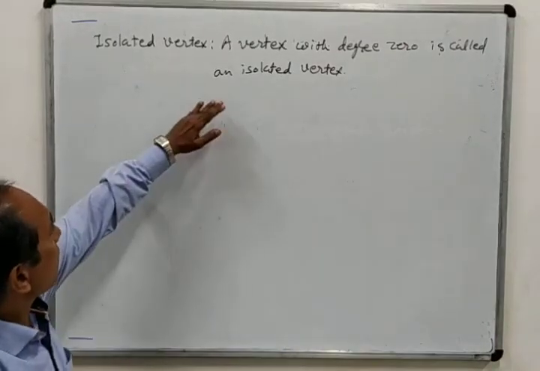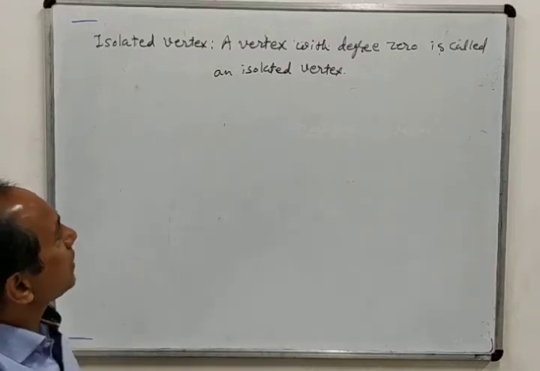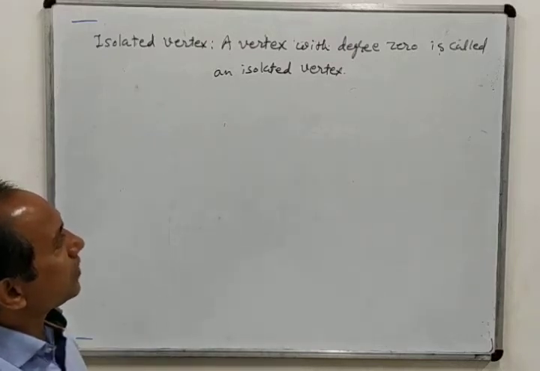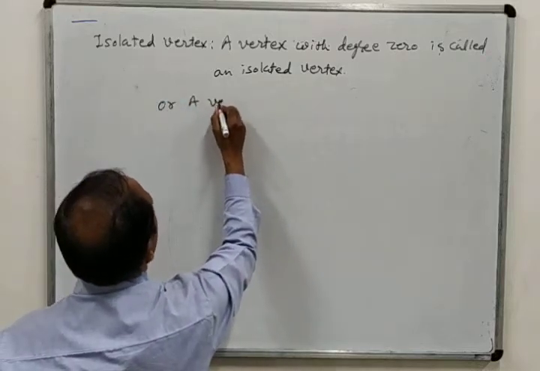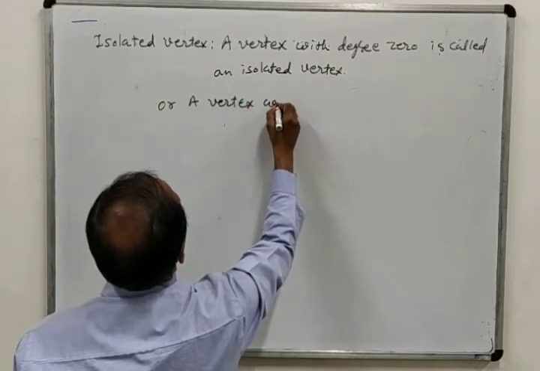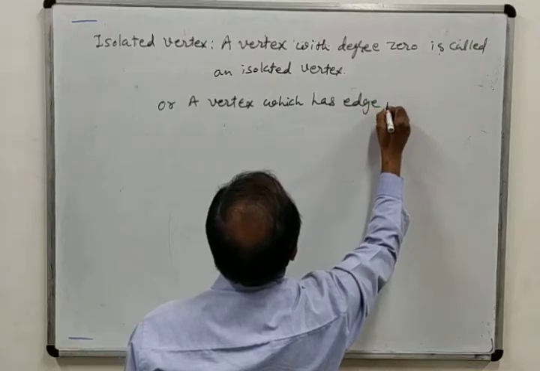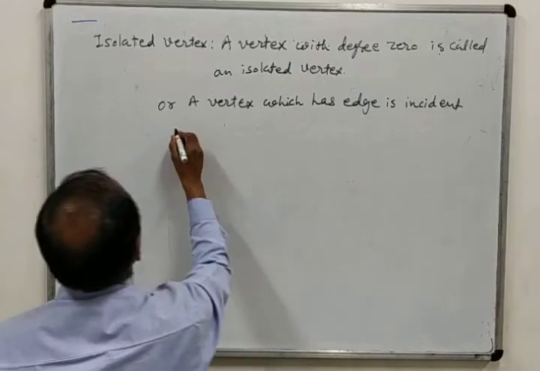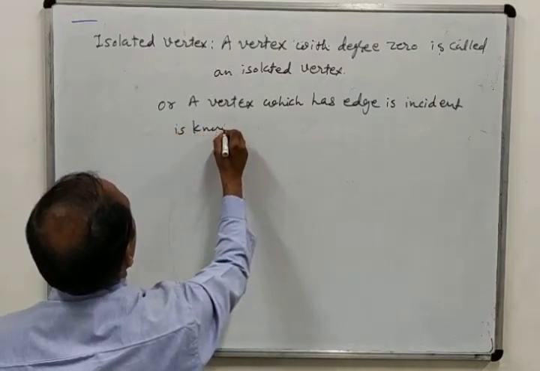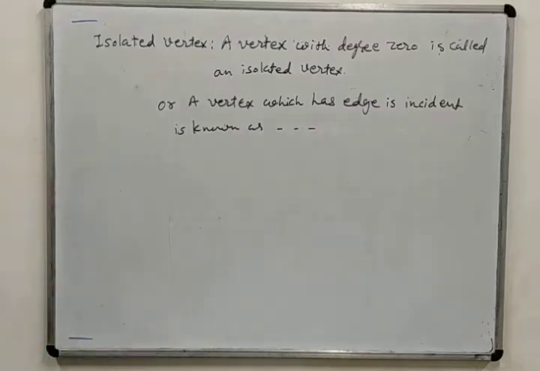So in other words, you can also write the same definition as a vertex which has no edge incident is known as an isolated vertex. Okay? No edge is incident, that means obviously the degree is 0.